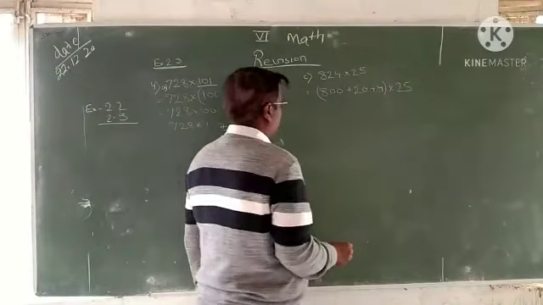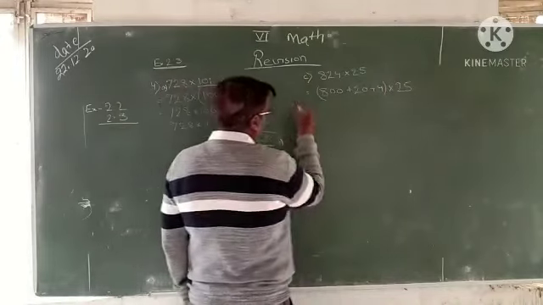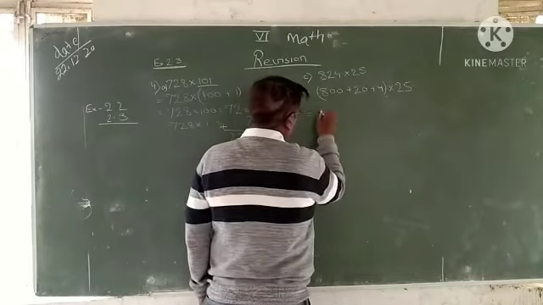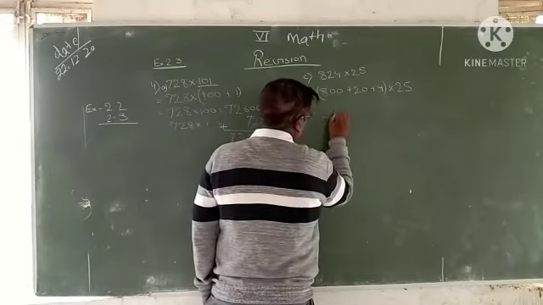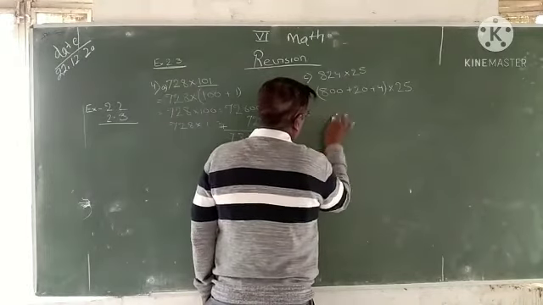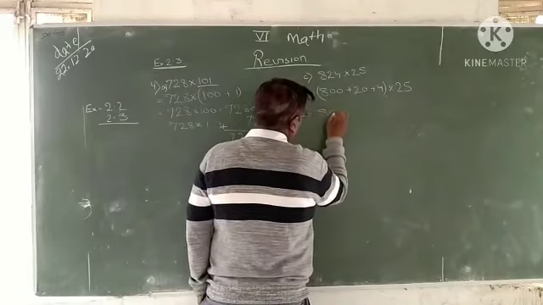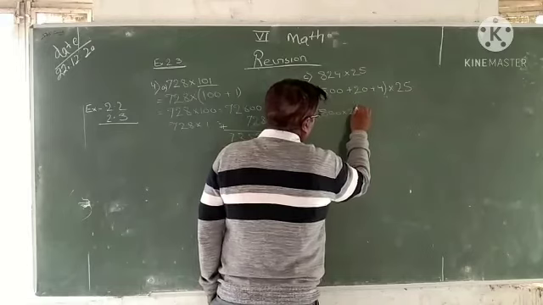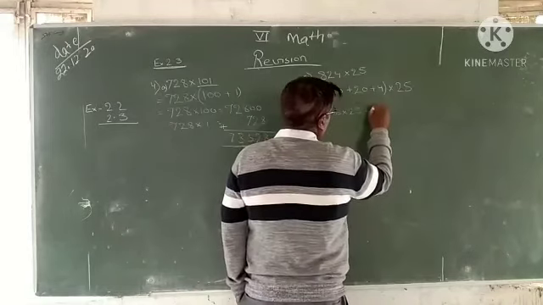Let's do it in this way. So 800 into 25 comes as 20,000.